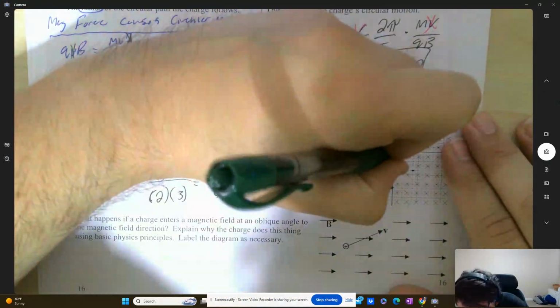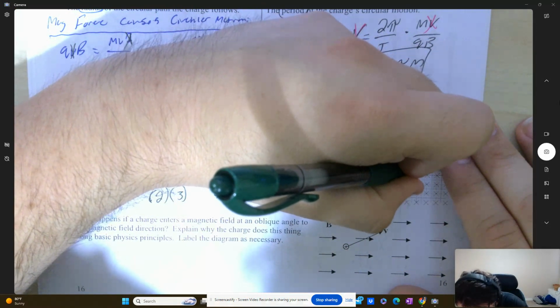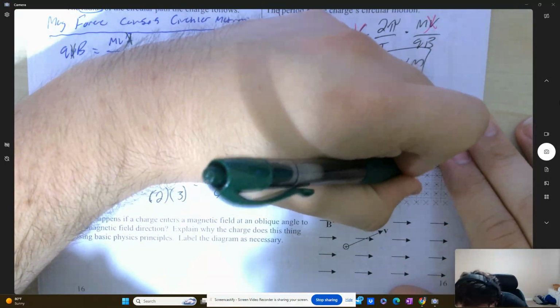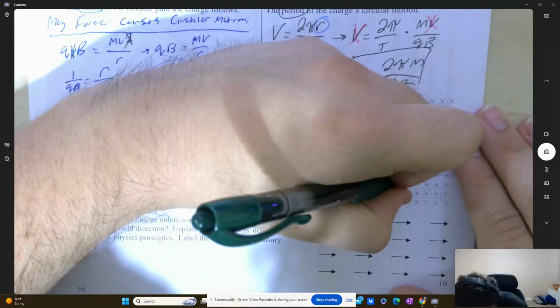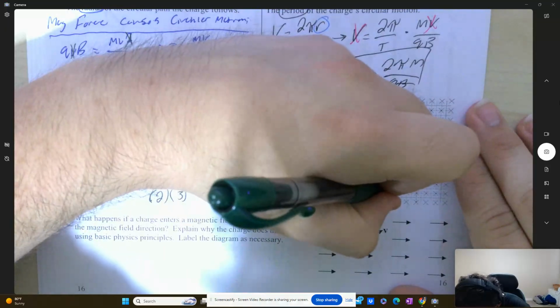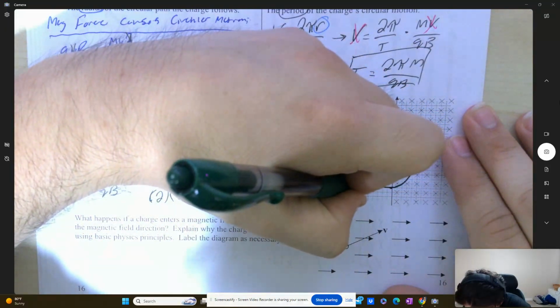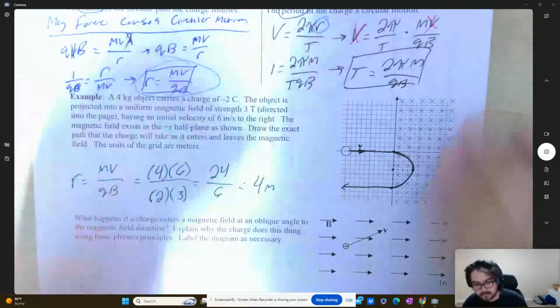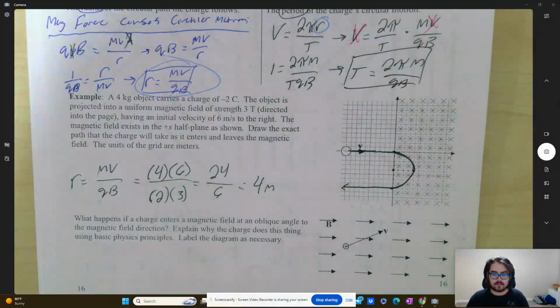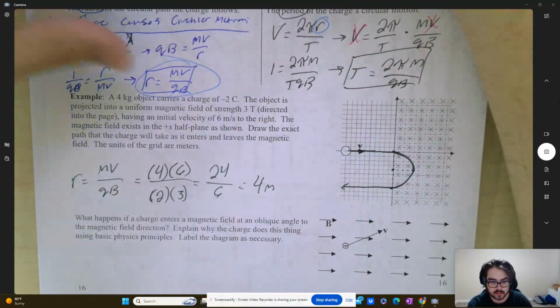So this is the path it's going to take. It enters and undergoes circular motion, comes right here, then curves back around over here, and the moment it exits the B field, it continues going straight to the right. It won't continue its circular motion because there is no magnetic force to continue it.